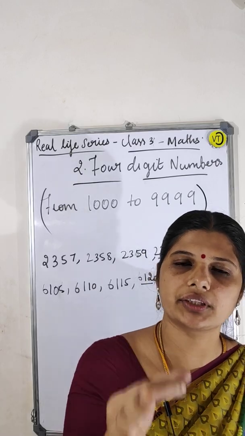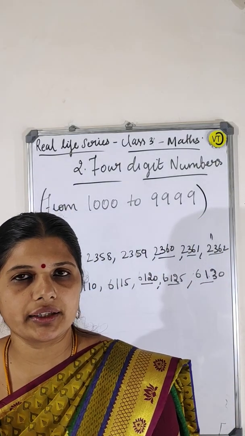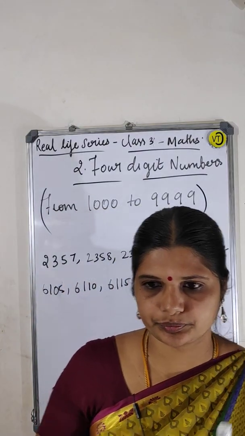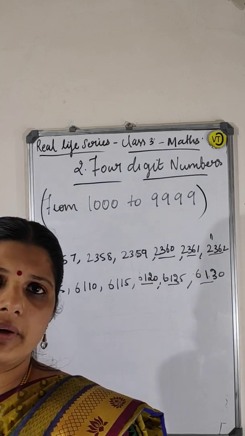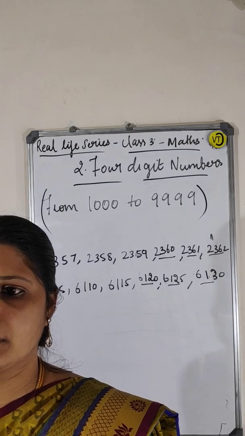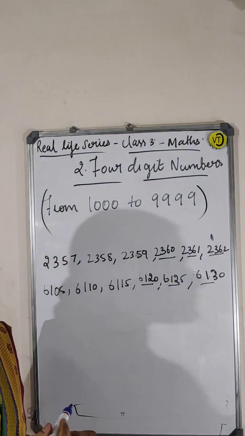If they are asking for 3 means you have to add 3. In the ones place you have to write it, and you will be getting the numbers. Okay. In this way you can count the numbers, right? Count the numbers by 2s, by 3s and 5s, you can do it. Even 10s I can tell you, right?